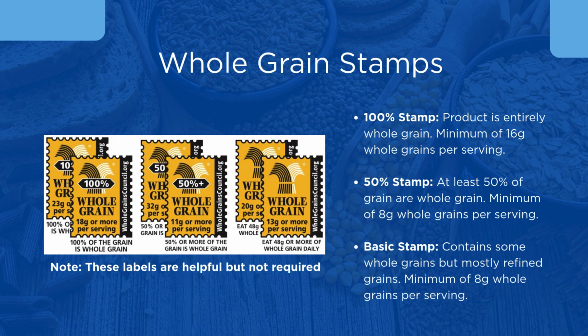If your product has the stamp, it will tell you exactly the amount of grams that you're getting. So it could be a 100% whole grain product, a 50% whole grain, or a basic stamp, which contains whole grains, but mostly you're going to have refined grains. And they all should tell you the amount.